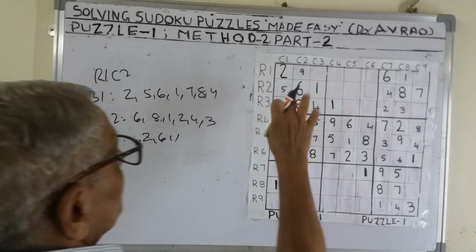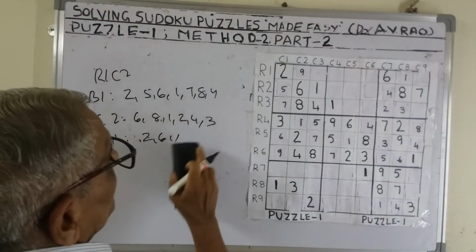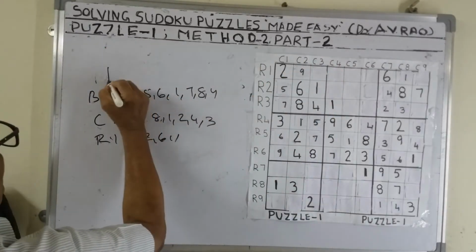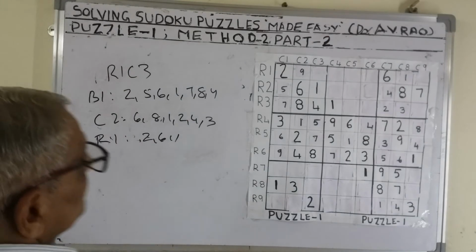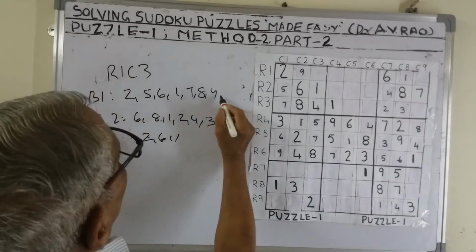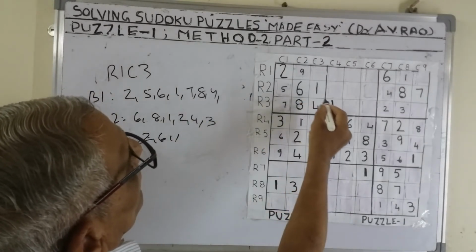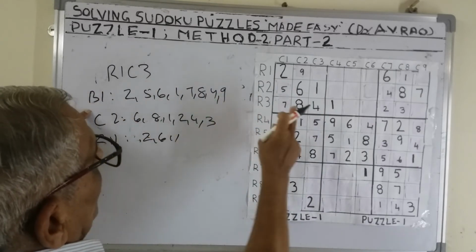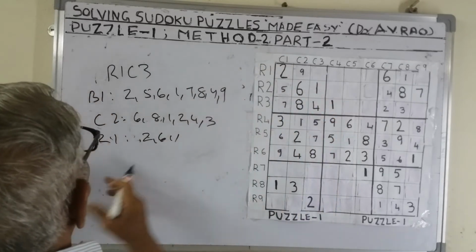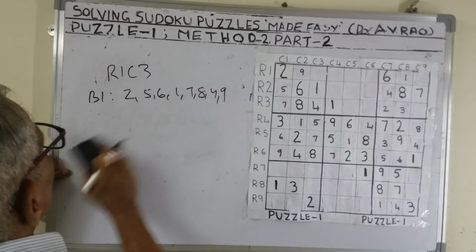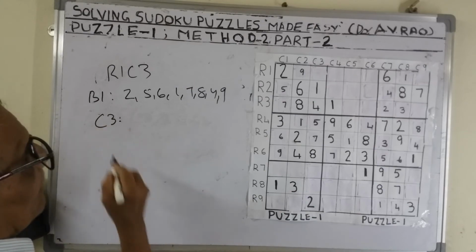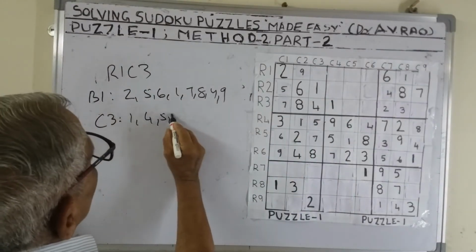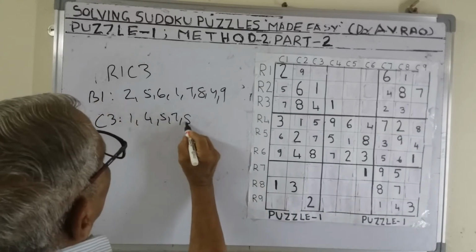So in this box only one cell is empty. Let us fill that up also. This is R1 C3. Cell R1 C3. So in the box another number has been added, 9 has been added. Box 1 and column C3. Now let us take column C3: 1, 4, 5, 7, 8 and 2.